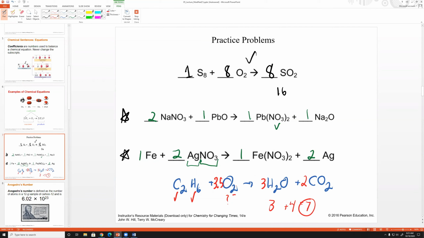Because if you read this on a molecular level, you can't say 1 molecule of C2H6 combines with 3.5 molecules of O2. You can't have 3.5 molecules. But you can have 3.5 moles. We'll go over that later. But we need to have these coefficients in whole numbers, so they have to be integers. So any ideas on how we would do that?